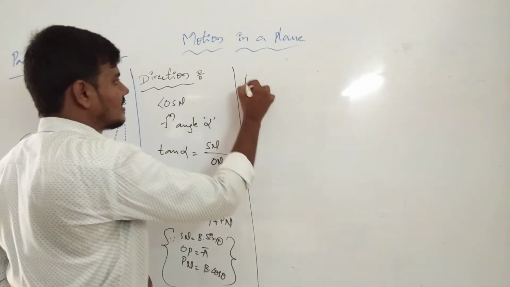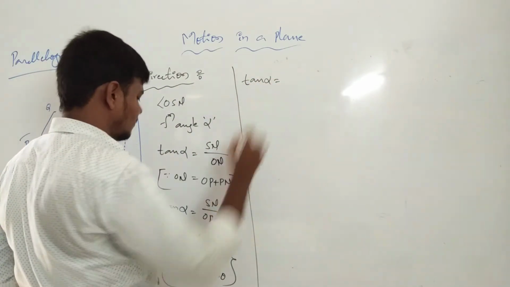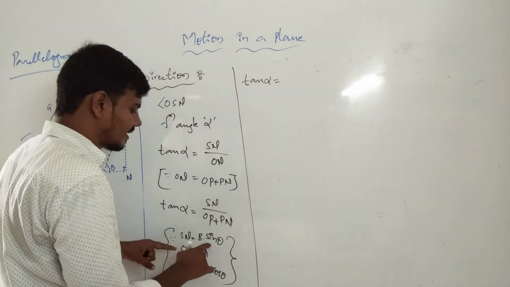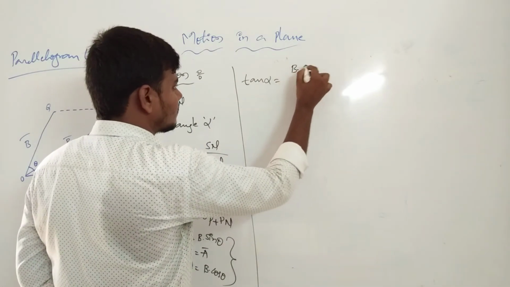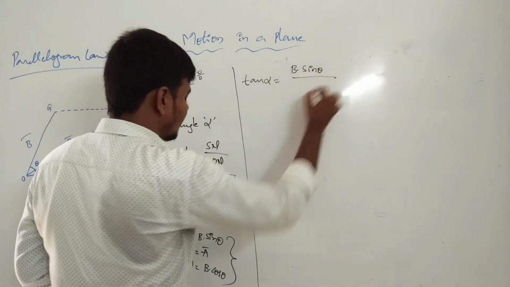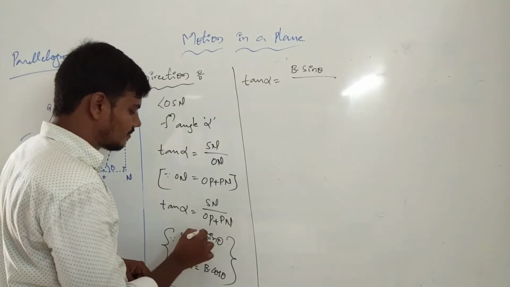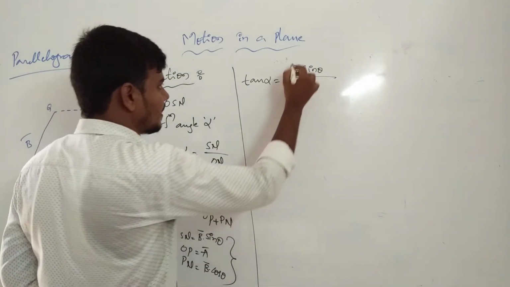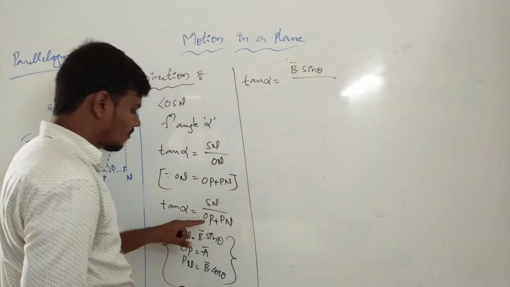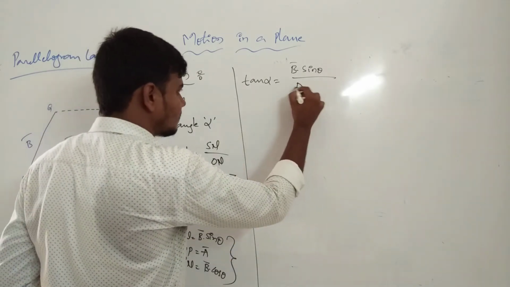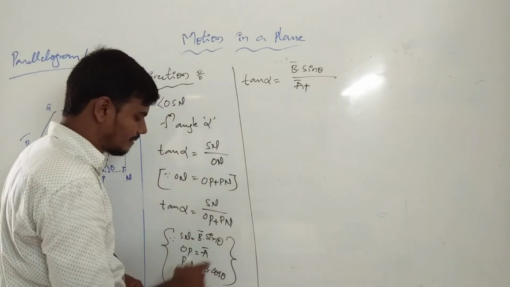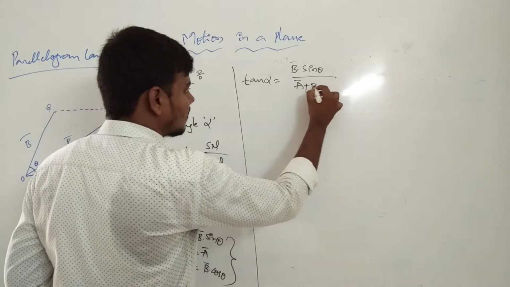Now tan alpha is equal to SN, which is B bar sin theta, by OP, which is A bar, plus PN, which is B bar cos theta.